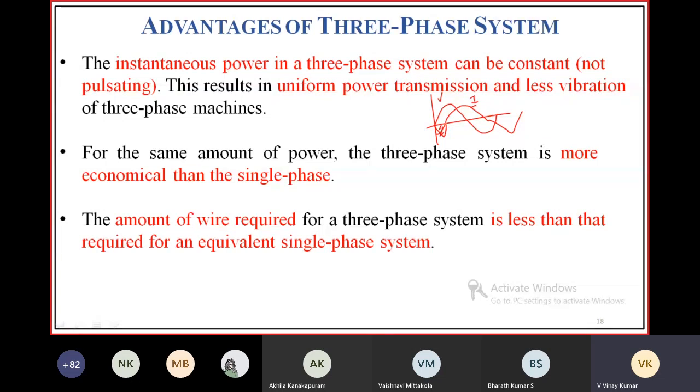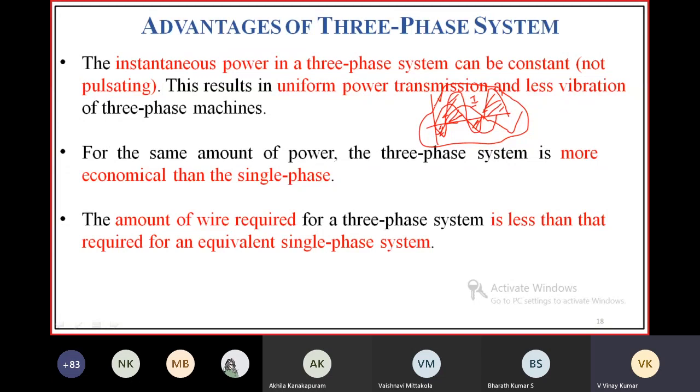After this, from here to here you get positive again. Here, instantaneous power is not constant. This is pulsating. In case of single phase system, instantaneous power is not constant. This is pulsating.